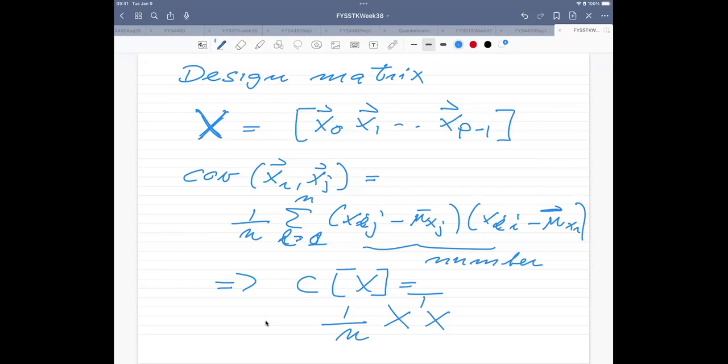There are some interesting things we will pick up a little later. I wanted to mention it because it has important consequences when we discuss a method called principal component analysis. This is just a small aside, but you will encounter it later in the course.